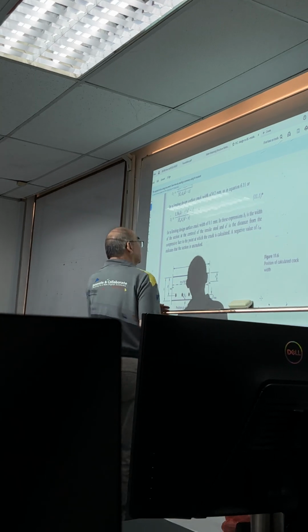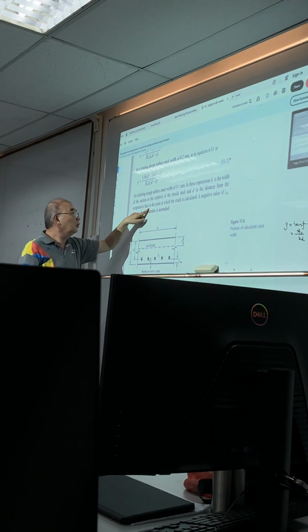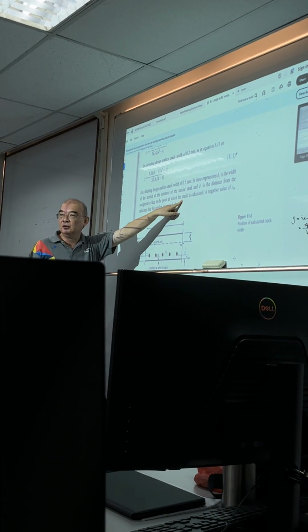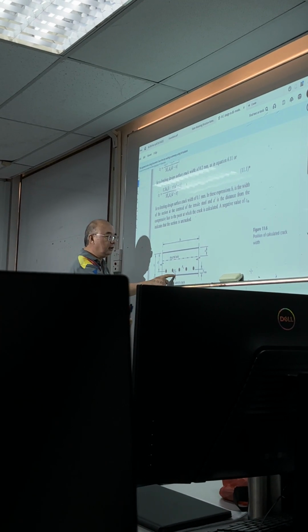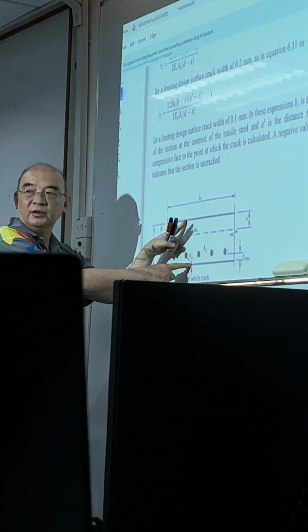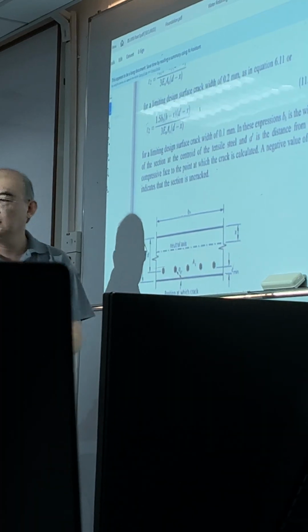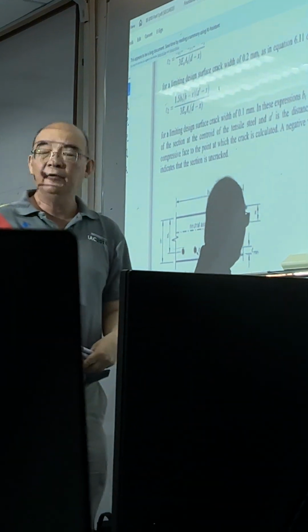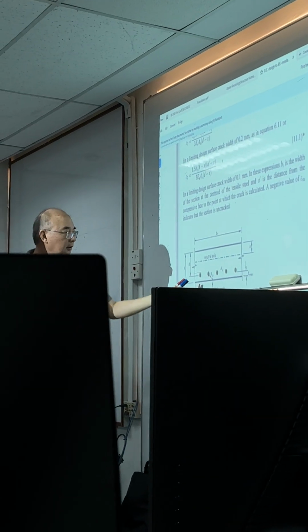A prime is the distance from the compressive face to the point at which the crack width is calculated. Let's say I want to calculate here, this is my compression face, so my a prime will be equal to my h. For the slab, the a prime most likely is going to be the h.